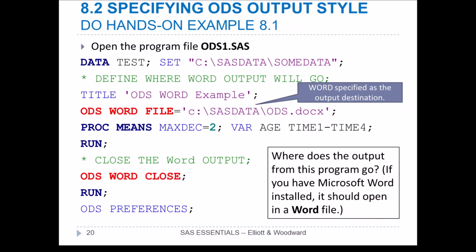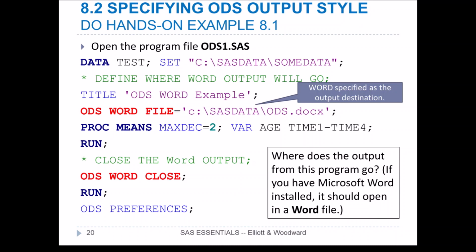And so now we have ODS Word file equal, and now we have the name of a file, ods.docx. So we're going to create a Word file. And then we say proc means max with some variables and then run. We could put as many procs as we want in there, but we just use this one for an example. And then we say ODS Word close.